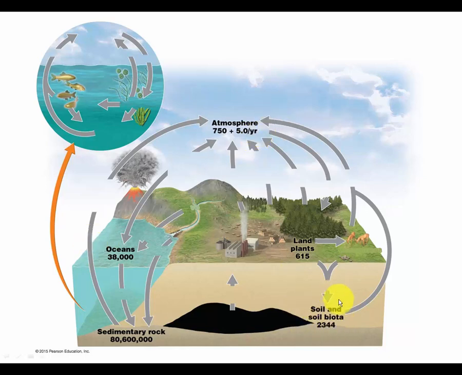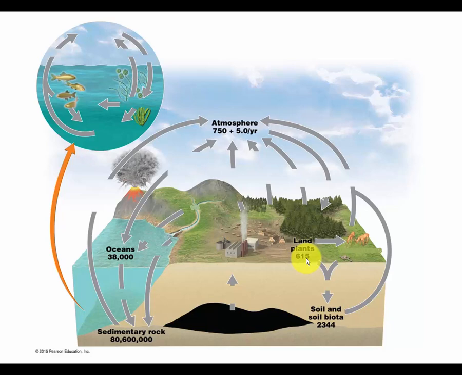The soil and soil biota, that is, organisms living in the soil, contain a couple thousand billion tons, but the biggest reservoirs of carbon in the world are the oceans and sedimentary rock. Now, the form of carbon that you find in these different areas is different. Obviously, in living organisms, carbon is the most important element.